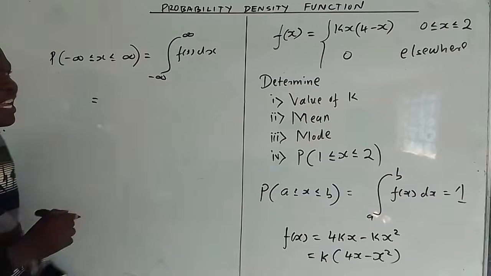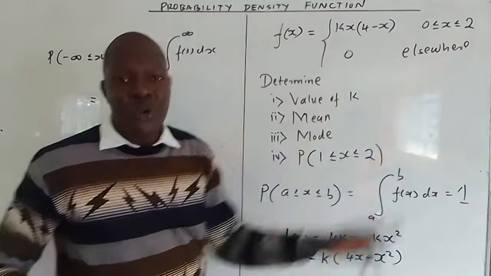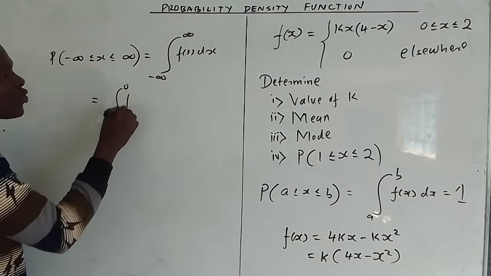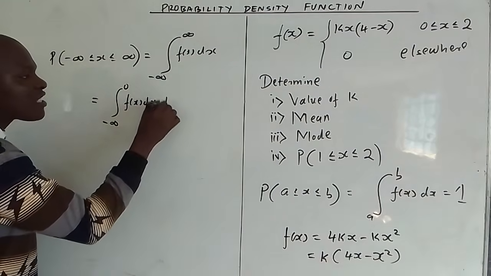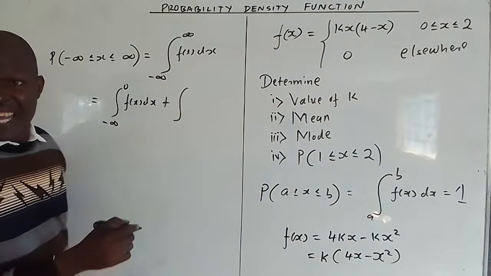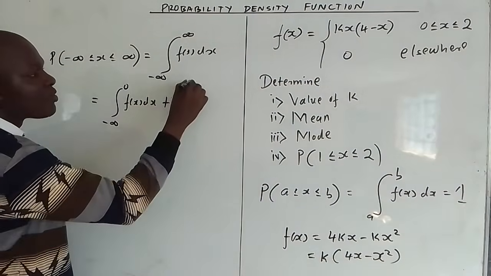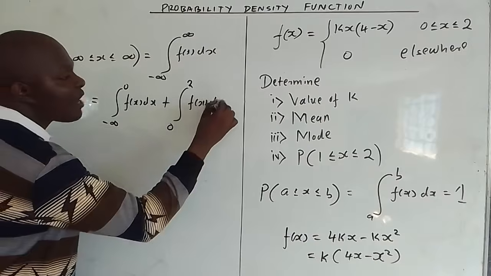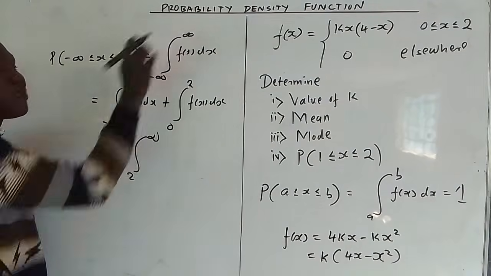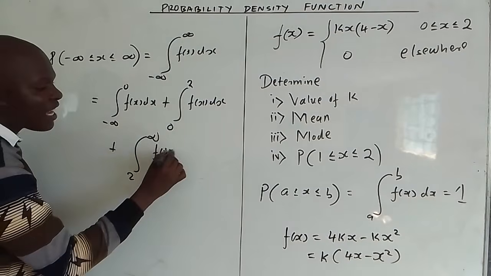If you divide this up, the lower part is from negative infinity to 0 of f of x dx, plus the next part from 0 to 2, which is given, plus the last part from 2 up to infinity of f of x dx.